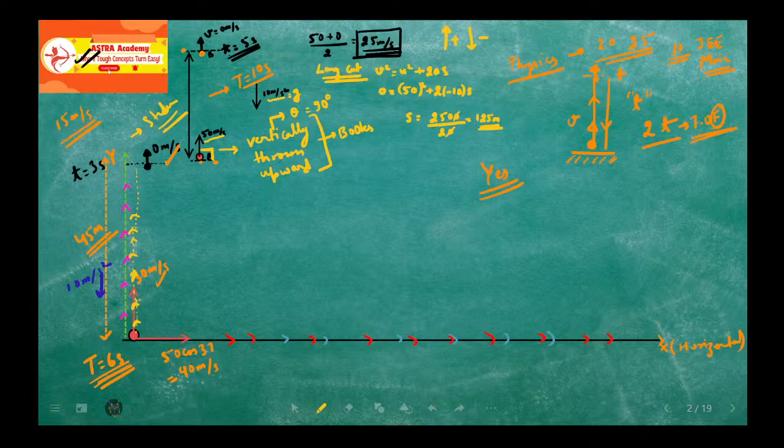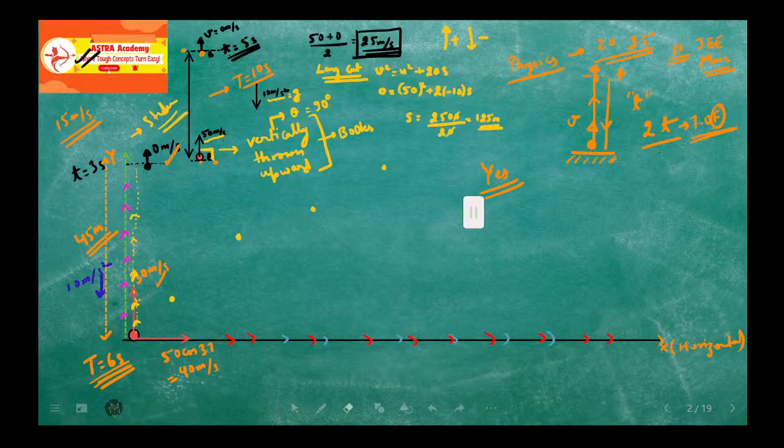After some time the body will be found somewhere here, because it has to move some vertical distance and also some horizontal distance, because it has to take care of both the velocities at the same time. Similarly, it will move some horizontal distance while meanwhile it is moving in the vertical direction. And the motion will be something like this.